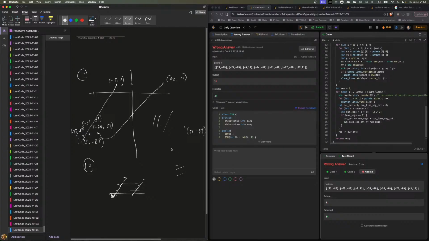What we need is for each line, each slope, we need to cross with a different slope, right? So basically we're saying, if I have 4 slopes on one, and we have 3 slopes on the other, how many in total can we do?